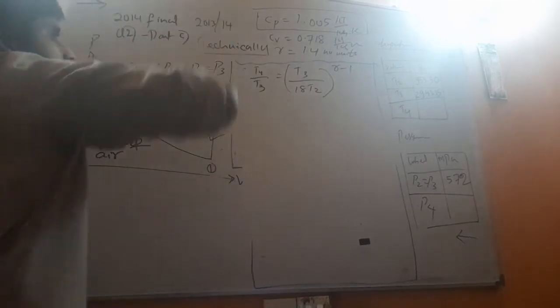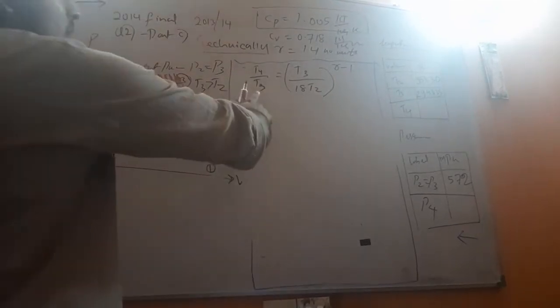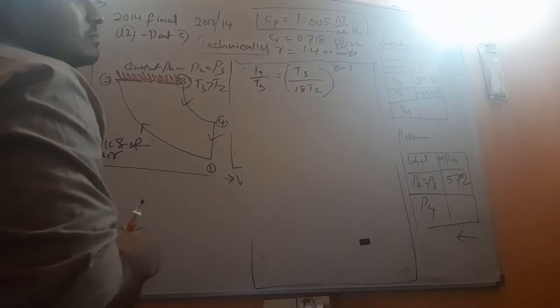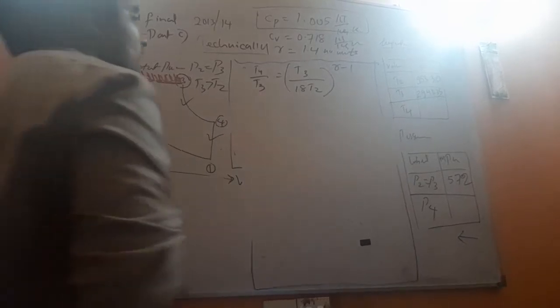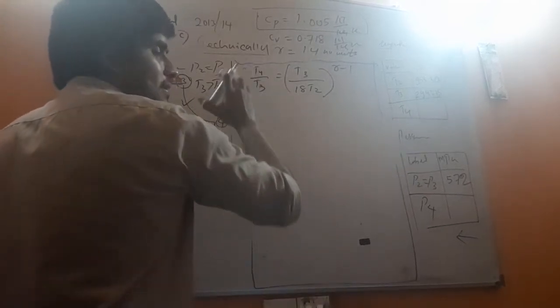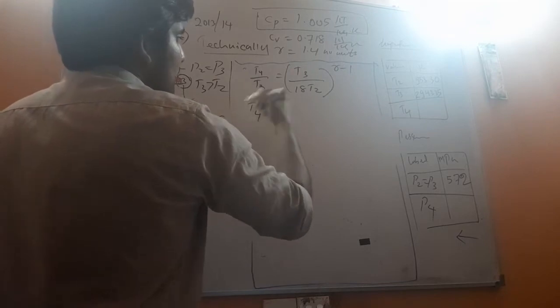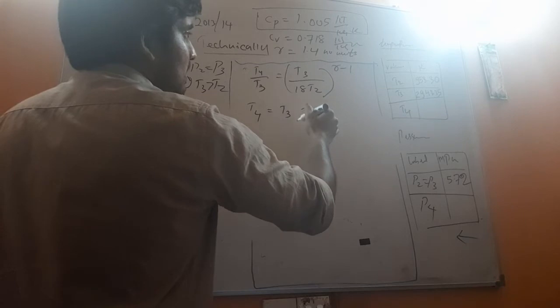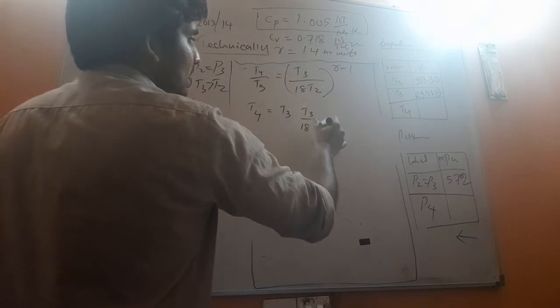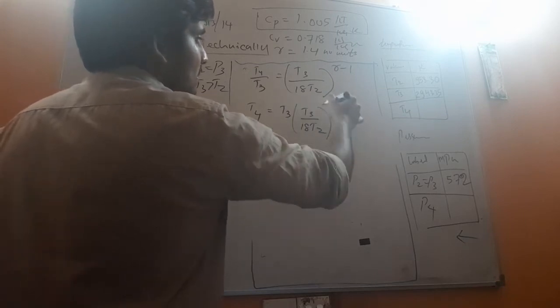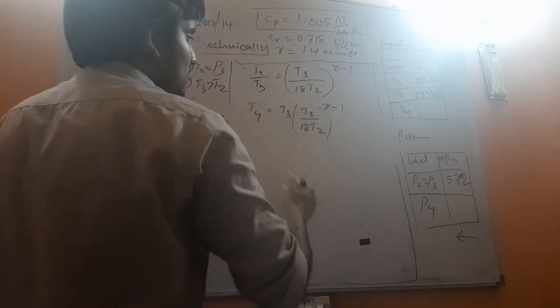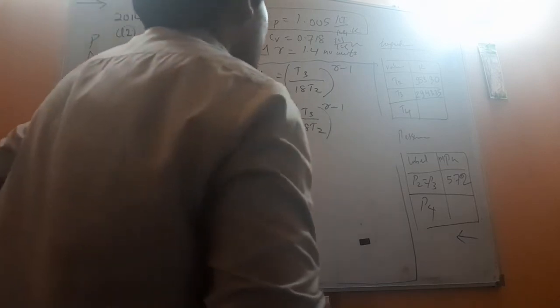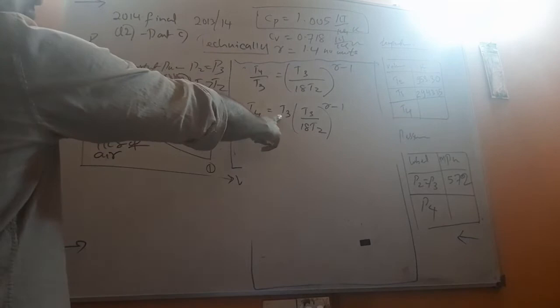Right. Now here you have T3. Okay. So now you can subject T4. T4 equals T3 times T3 divided by 18 T2 to the power gamma minus 1. No problem. What do you have here?